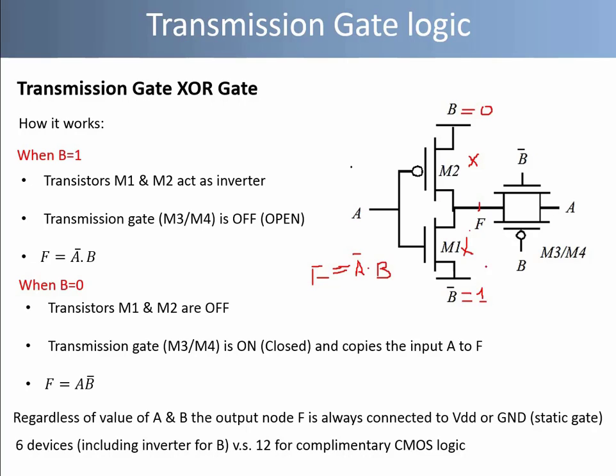On the other side of the circuit, B is equal to 0 and B complement becomes equal to 1.